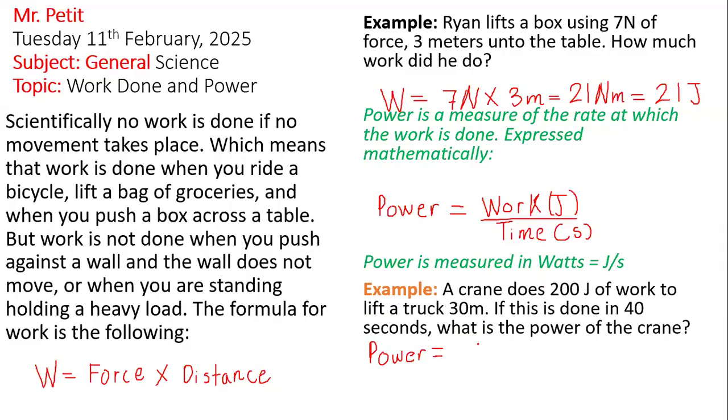What's the amount of work that's done in this question? 200 joules of work. Very good. Over what's the time? 40 seconds. Please always write your units. This is not like math where you can get away with not writing units. You have to have the right units.